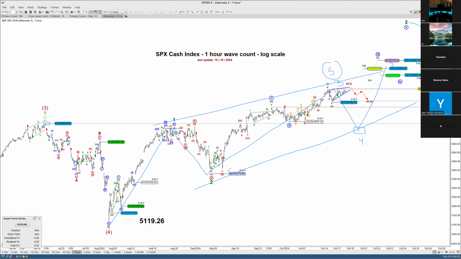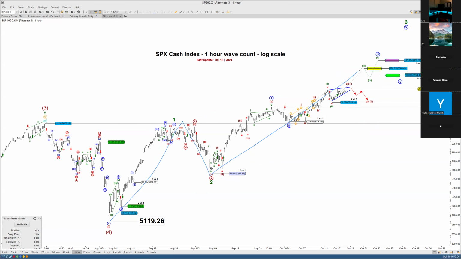How can that work? You need 5. So the fifth wave can be motive, meaning 1, 2, 3, and then you get the 4 and you get the 5. So you complete your 5 waves.